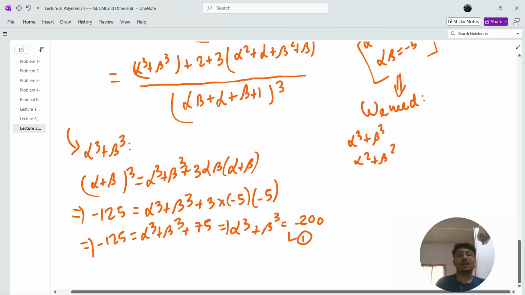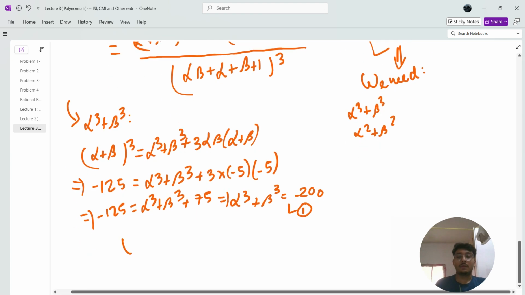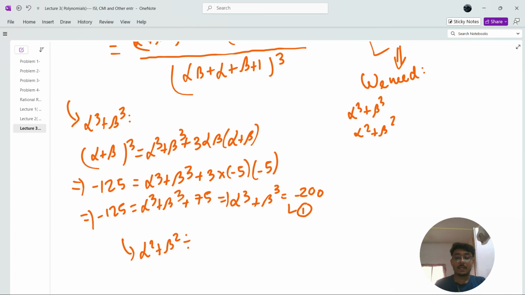And we need also alpha square plus beta square. So my alpha plus beta whole square, we know, is alpha square plus beta square plus 2 alpha beta.